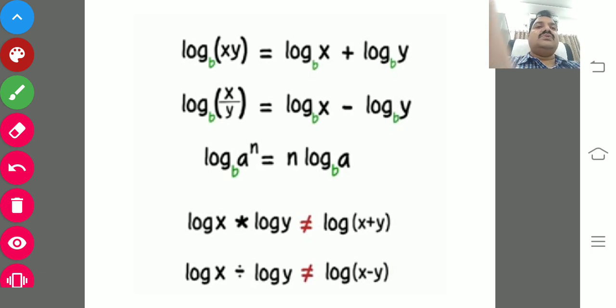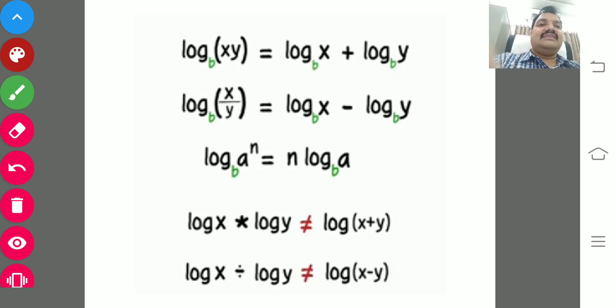The formulas and rules are based on what you already know in exponential form: x power m into x power n equals x power m plus n. Their product goes in an additive way, and x power m by x power n equals x power m minus n, there also.